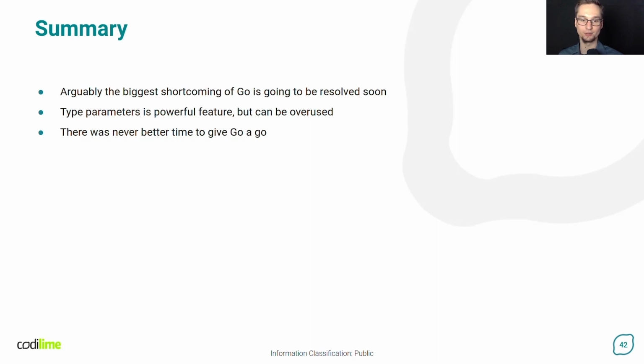This feature should be used only where it makes sense. And there was never a better time to give Go a go, because right now this language is, I think, very mature, and generics are a great feature to try.